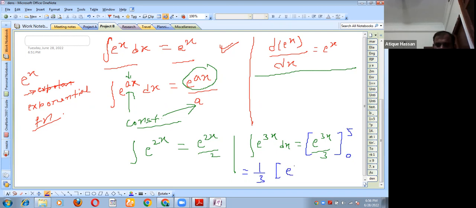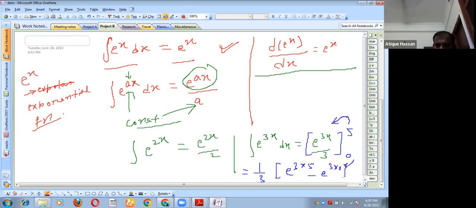The answer will be e to the power 3 into 5, upper limit first, minus e to the power 3 into 0. Getting my point? So you have to put upper limit minus lower limit. In place of x, you put 5 and 0 and subtract. So this is how we integrate with limits.